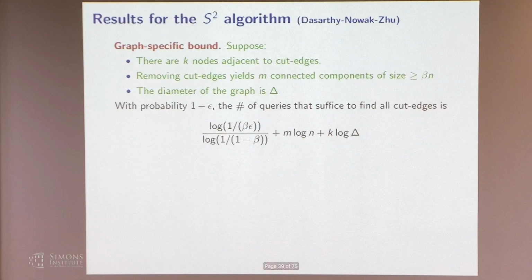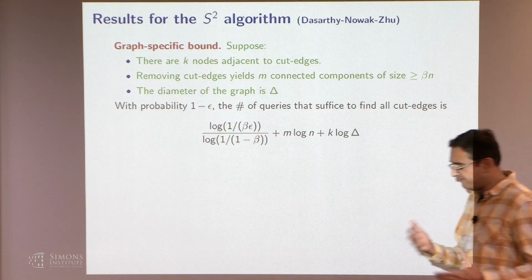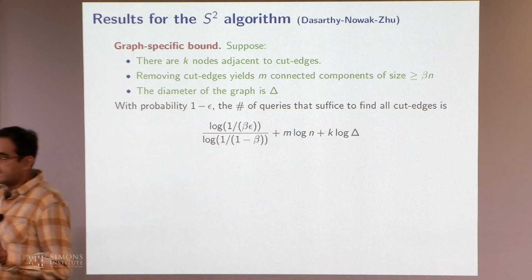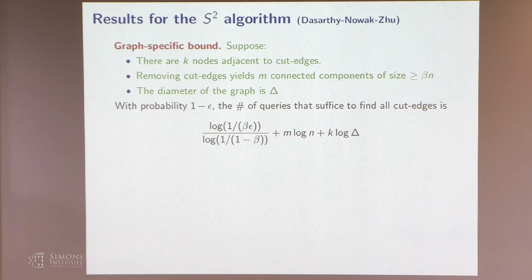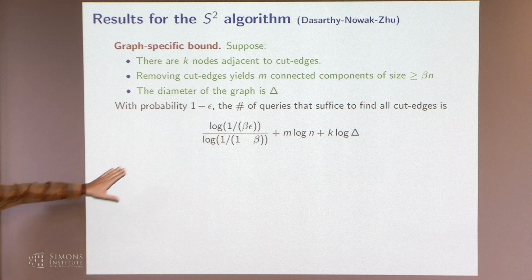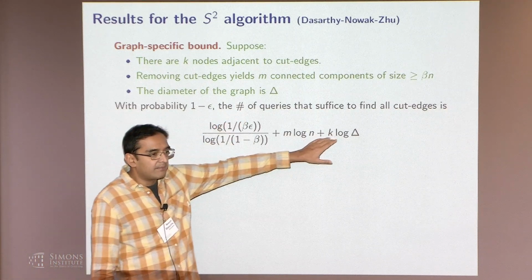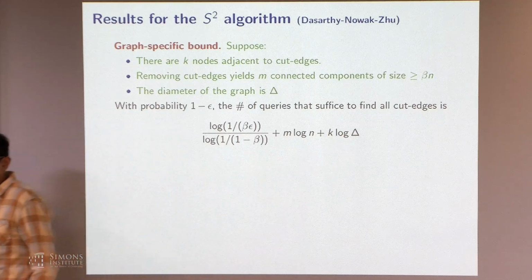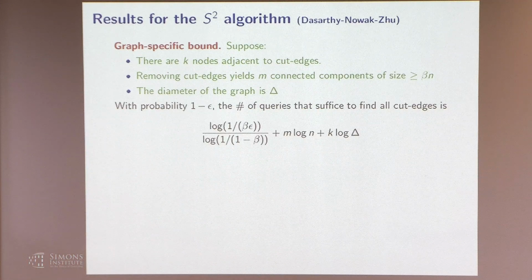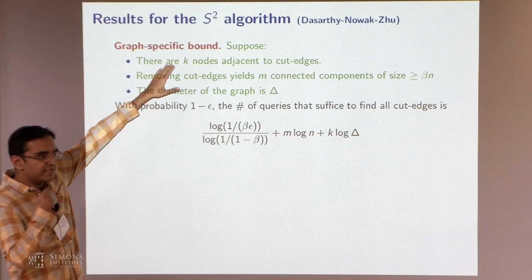So what were they able to show? The kind of bound they get is exactly the sort of bound I was outlining earlier. There's a certain charge for random sampling, and then basically it's the number of cut edges times the log diameter of the graph. The case they look at is where there are k nodes adjacent to cut edges.